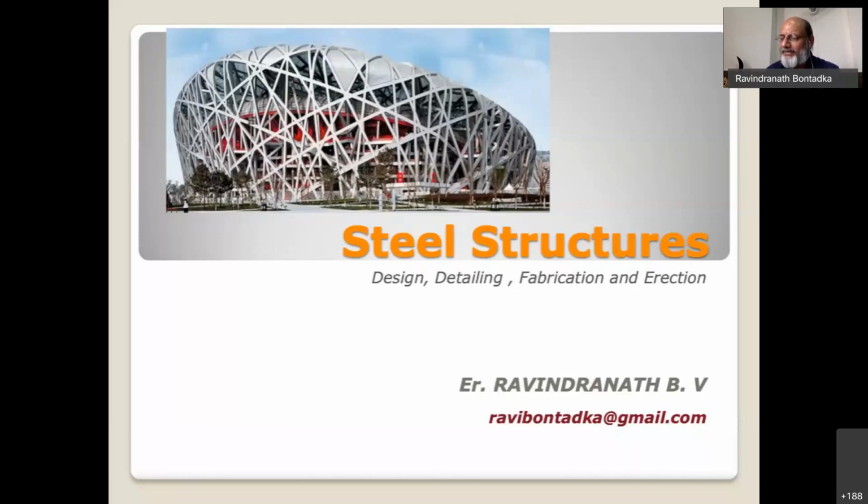Then we had Dr. Yadunandan from Mysore speaking about the design of RCC elements, very close to steel structures. He spoke elaborately on various design aspects like the working stress method, ultimate stress method, and the limit state method, and how it has come about, what is the basis of consideration.